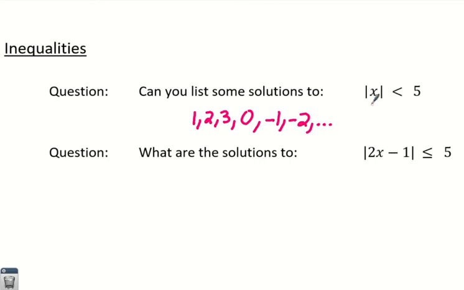But if you were to break this up into two cases, because we're also going to talk about the whole two-case thing here, you could say that x is less than 5, but at the same time, x is greater than -5.